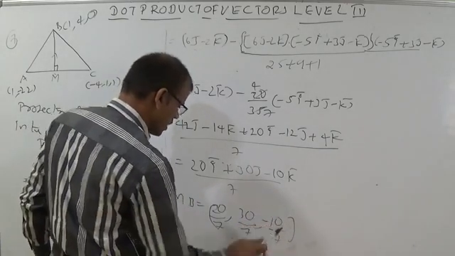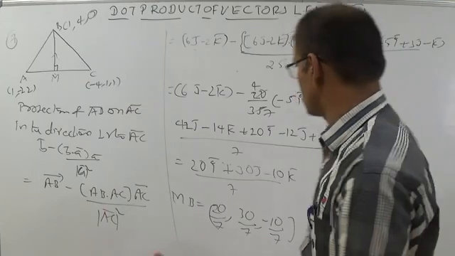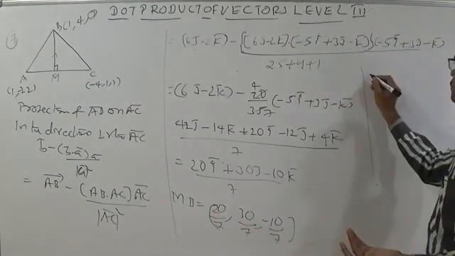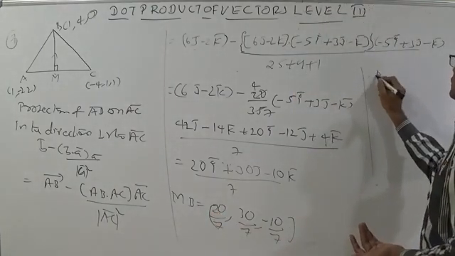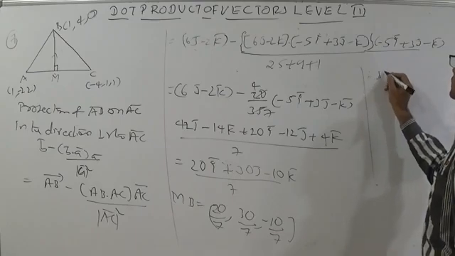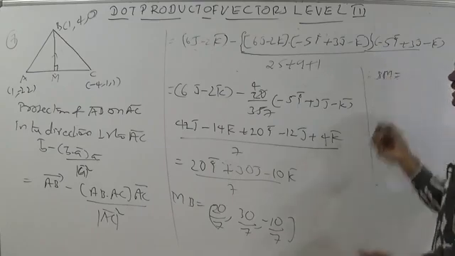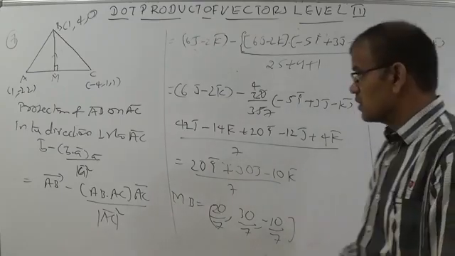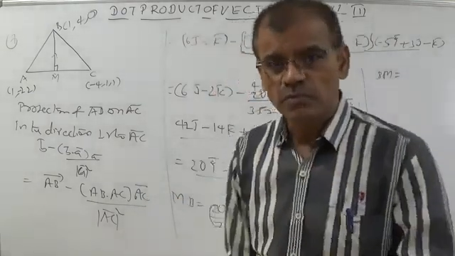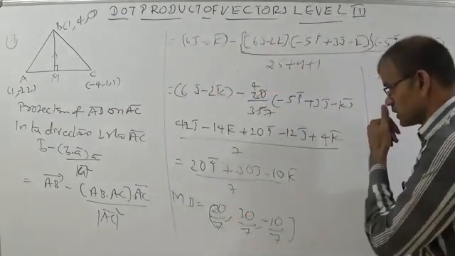Whenever he asks for MB, we write like this. But he is asking about BM. So in the vector concept, direction is important. In the direction cosines concept, direction is not important. If the same topic comes in 1B, you will get the same value as the answer.